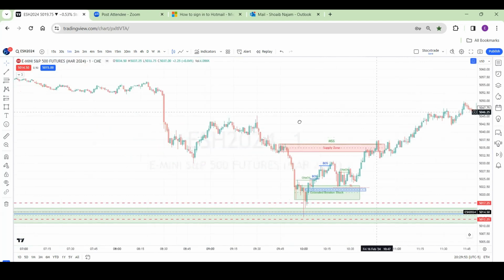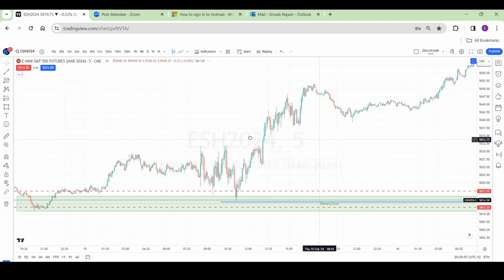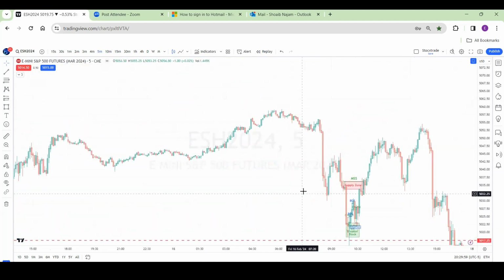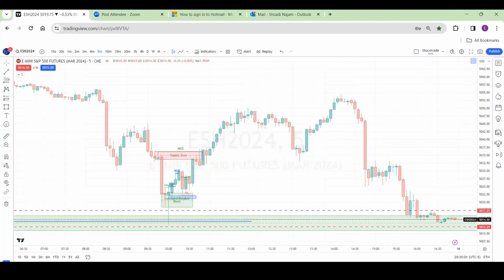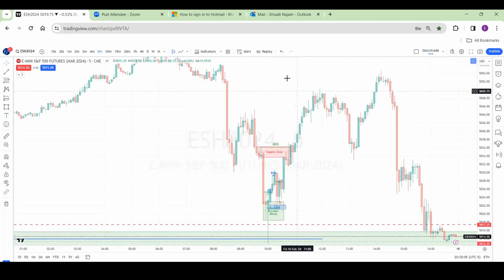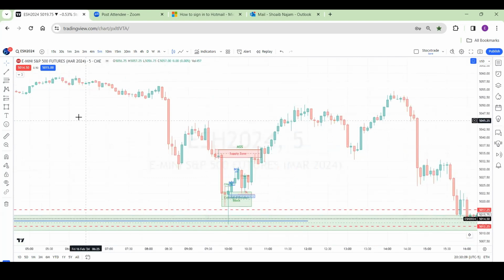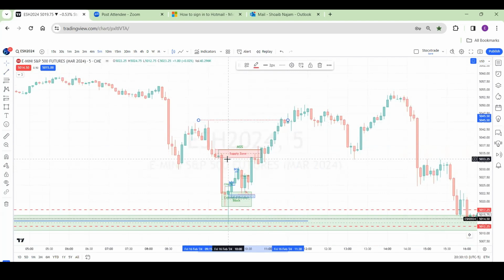Once the market gives you a change of character and goes in the same direction, what are you looking for? Let me give you the 5 minutes chart. If the market has reversed, where will it go? It will go to eat the liquidity, because once it eats the liquidity, basically that is the fuel. So the market is going to eat this internal liquidity.